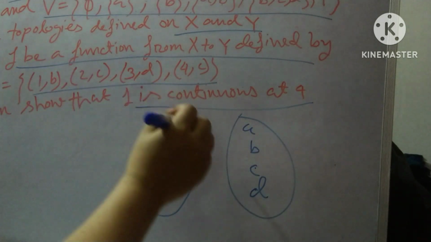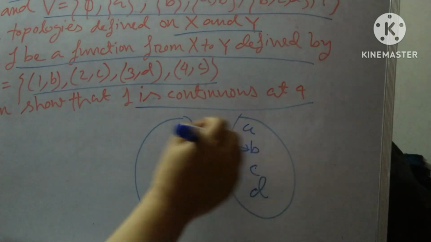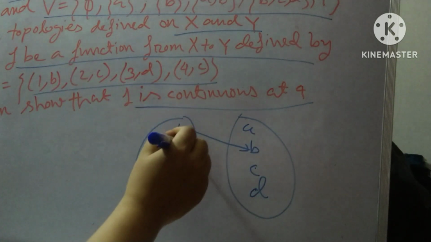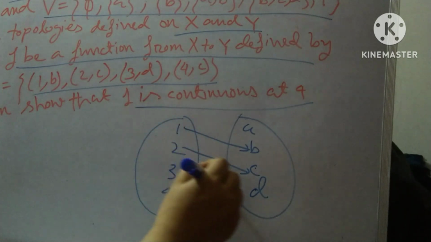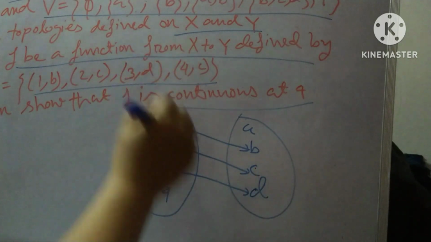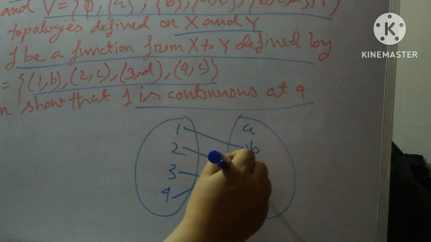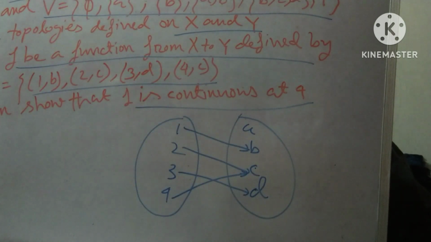When 1 is mapped, it is b. When 2 is mapped, it is c. And when 3 is mapped, it is d, and 4 goes to c. Okay, is it clear? Yeah.